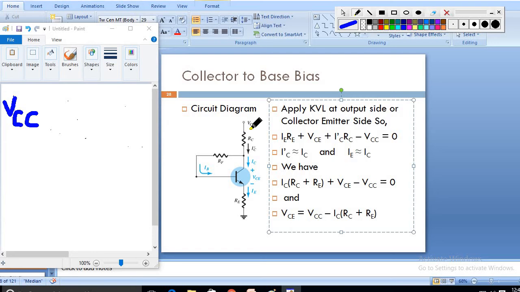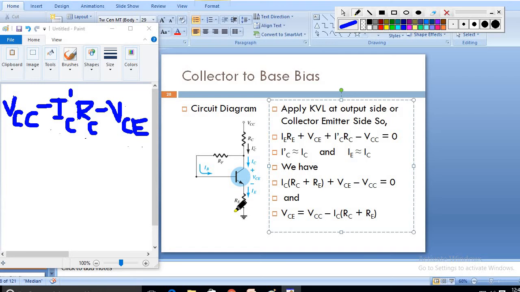After that there is a fall in potential. The current flowing across this RC is what exactly? IC dash. For that reason IC dash RC. Again coming to this side, there is a fall in potential VCE, again I am writing it as minus VCE. Coming to this portion, again a fall in potential.